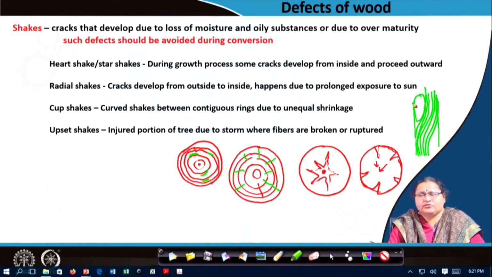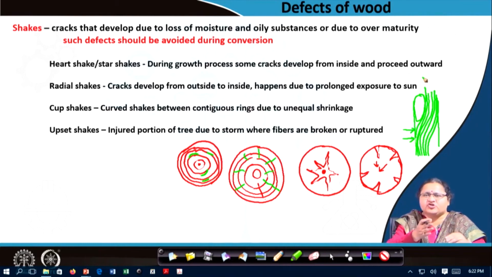This may happen due to cutting of the branch. Also, this may happen when a particular branch or trunk is subjected to wind. There is a lateral force which is allowing it to bend in one particular direction. That gives rise to twisted shakes. You can get the fibers twisted. What will happen? The strength will get lost and you cannot saw it, cutting will be very difficult.